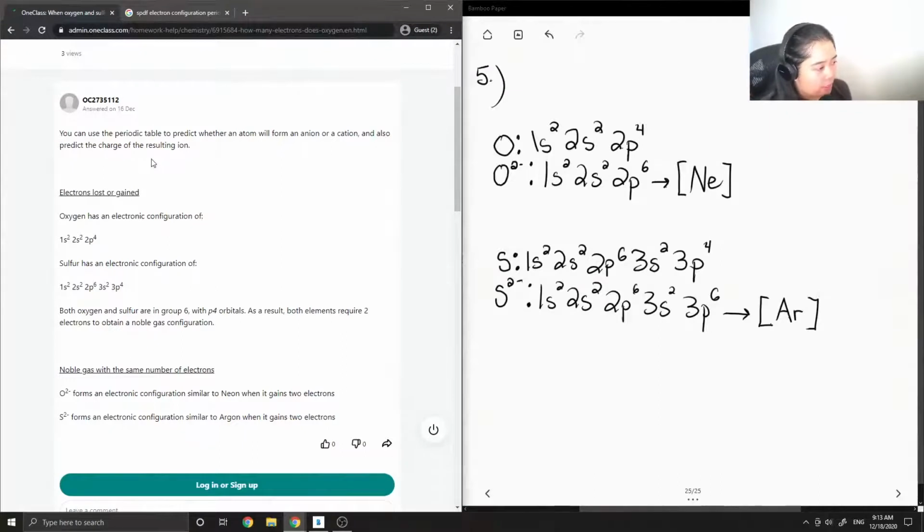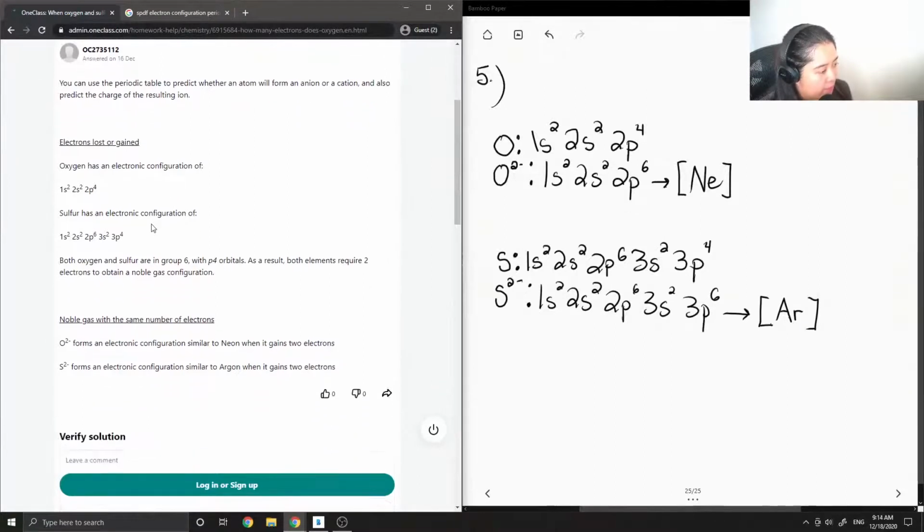Sulfur has an electron configuration of 1s2, 2s2, 2p6, 3s2, 3p4. Both oxygen and sulfur are in group 6 with p4 orbitals. As a result, both elements require 2 electrons to obtain a noble gas configuration.